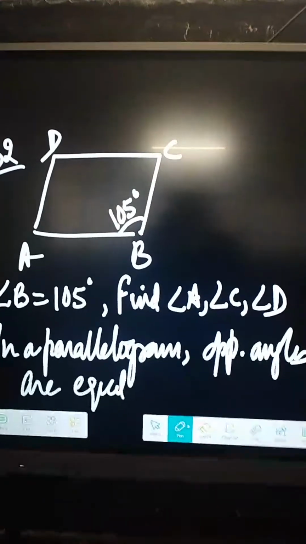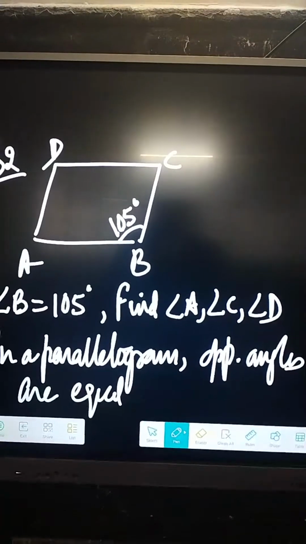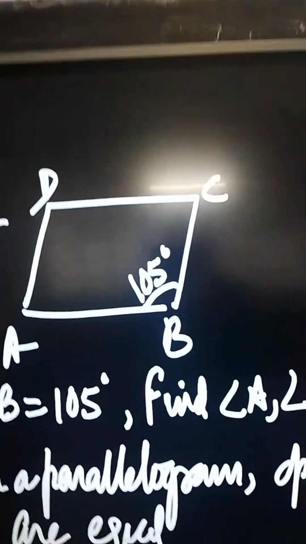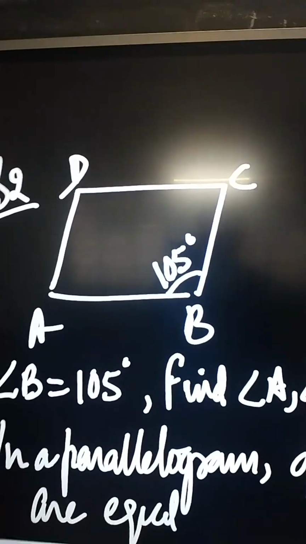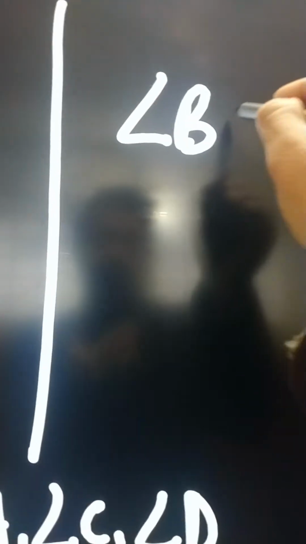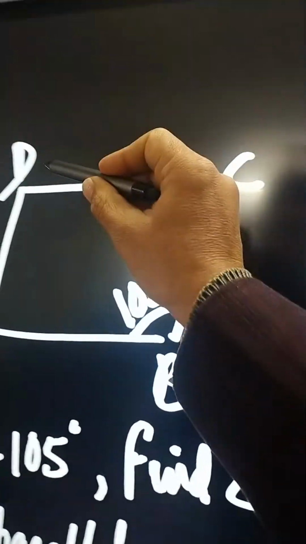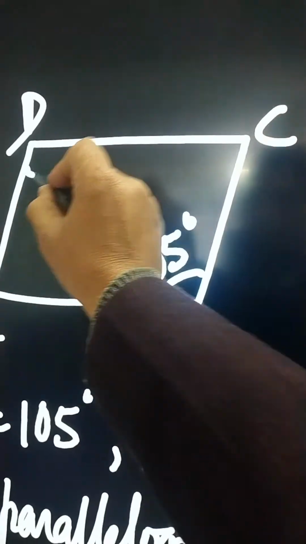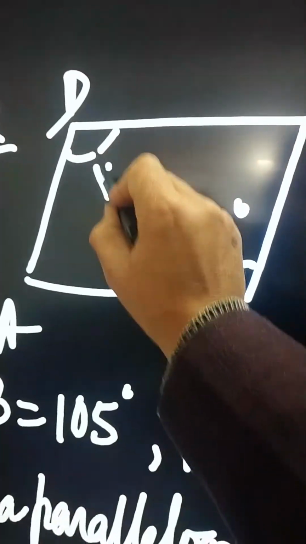In a parallelogram, opposite angles are equal. So angle B is opposite to which angle? Yes. Angle B is equal to angle D. So this angle becomes 105.